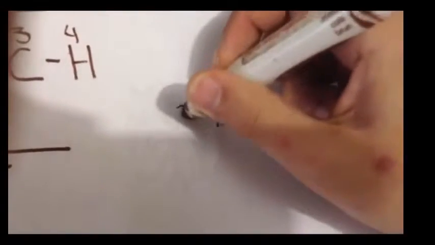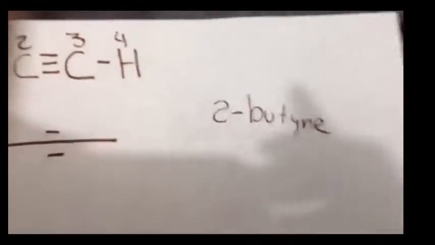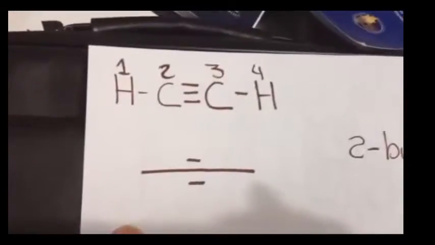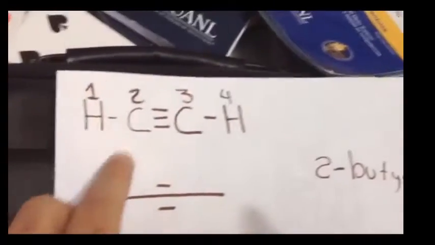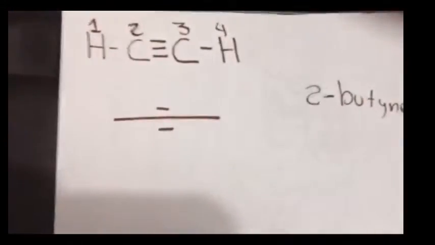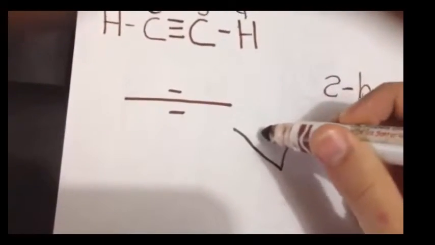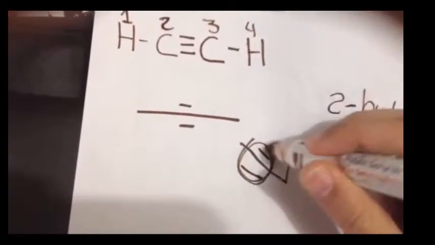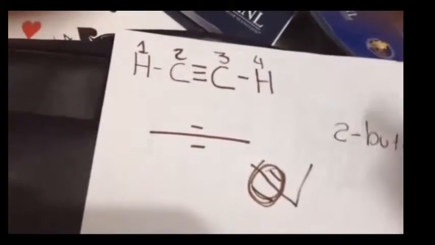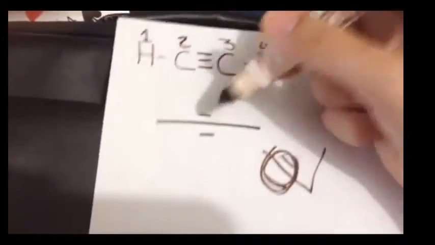So we write 2-butyne, and this is the name of this alkyne. Another important thing: some of the students make mistakes, for example they do this, and this is wrong because the triple bond must be drawn in a horizontal way.